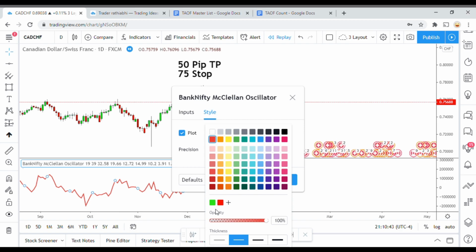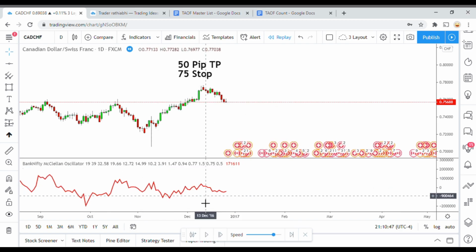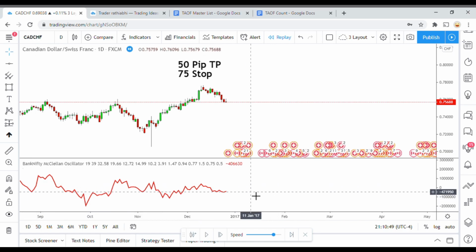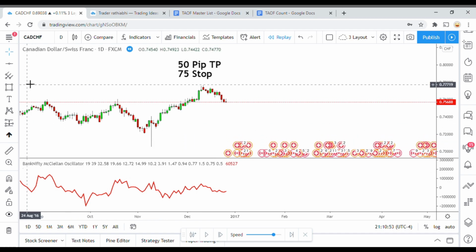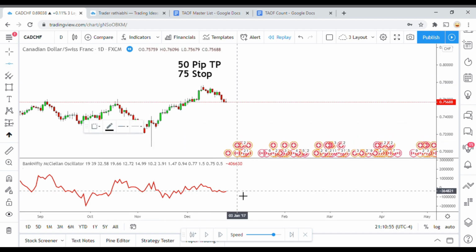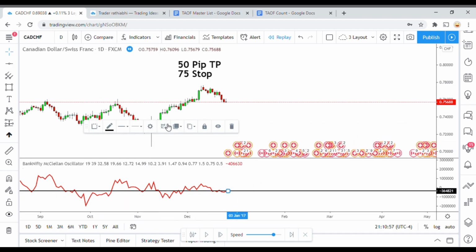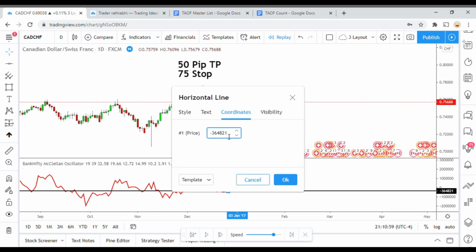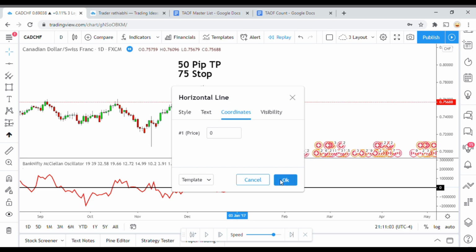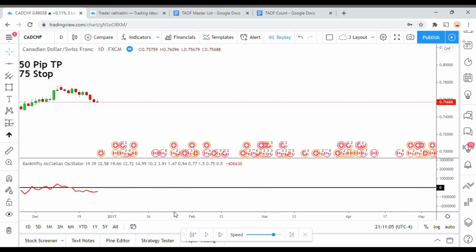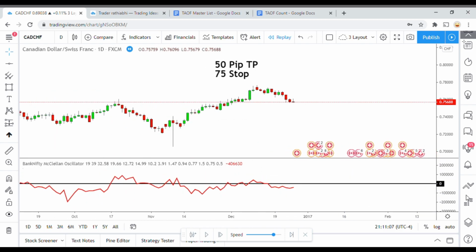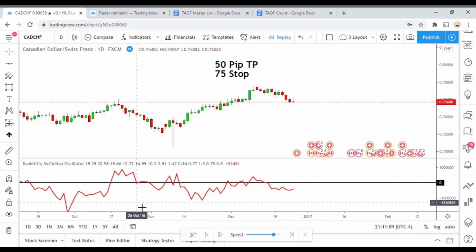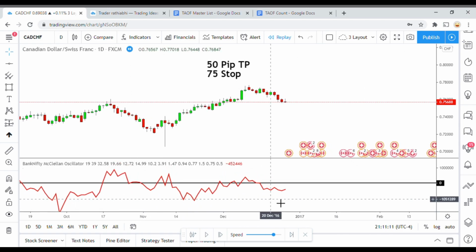I am going to change that over from a bar to a line, and then I am going to throw on a zero line here. There we go. And so that'll make it just a little bit easier to follow along.